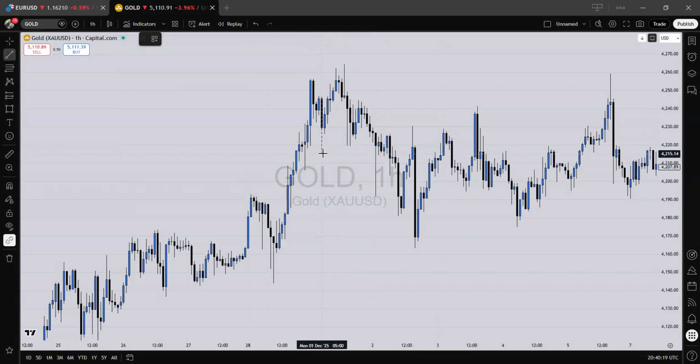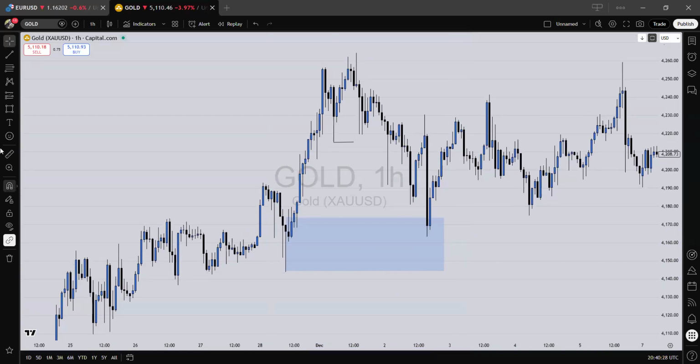We have the inducement all the way up here. It's far from our POI. Price had to engineer liquidity. Three breaks engineer liquidity before price got there.